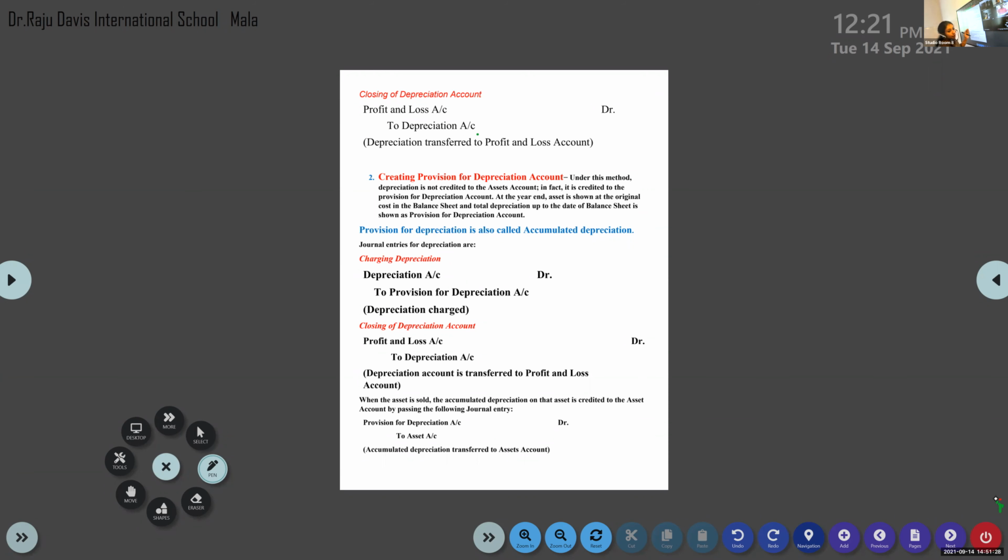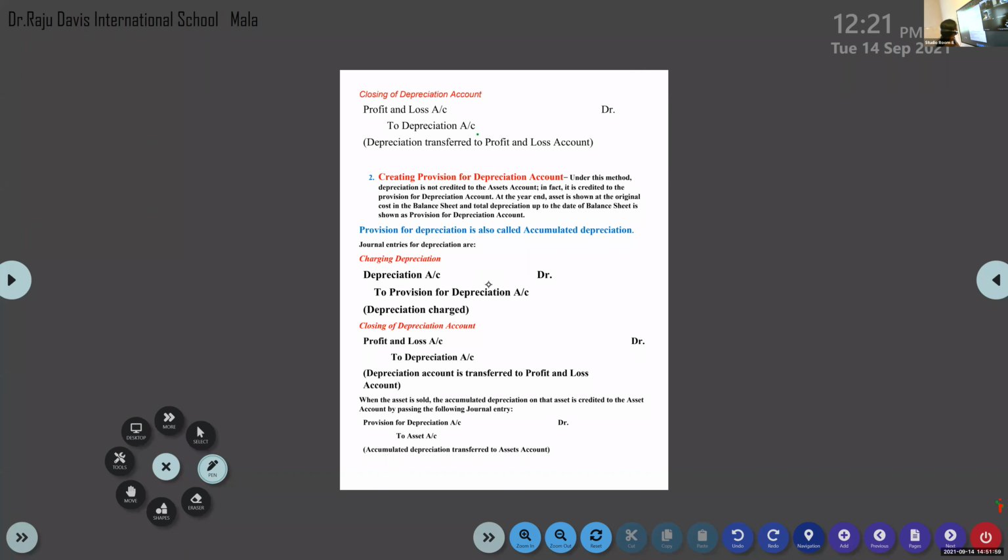We are not showing this as reduction from the asset account. Instead of that, the calculated depreciation amount we will be putting in another account, which is called provision for depreciation.